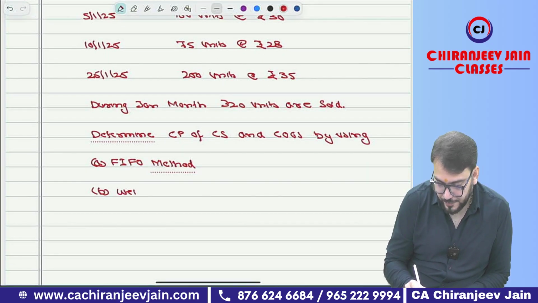Point number B, weighted average price method.